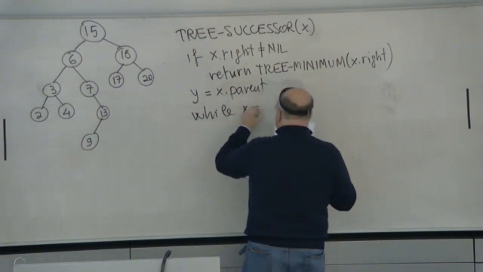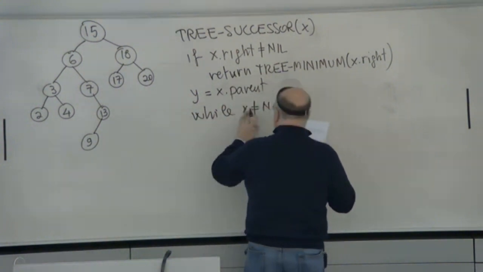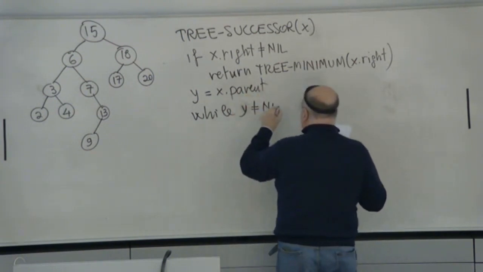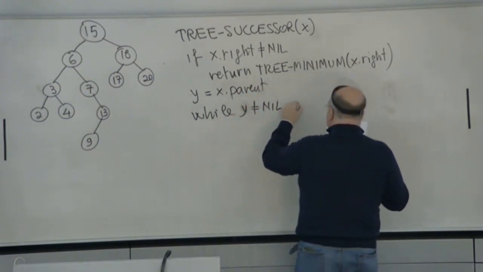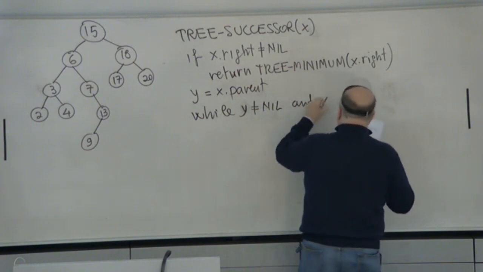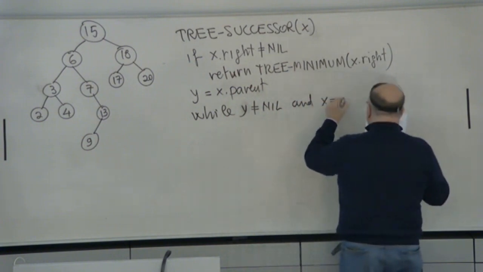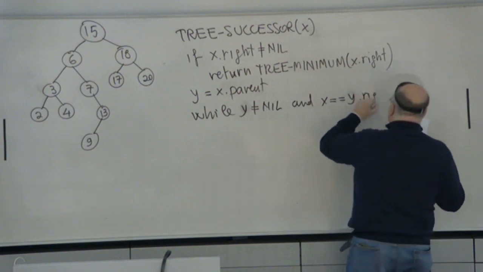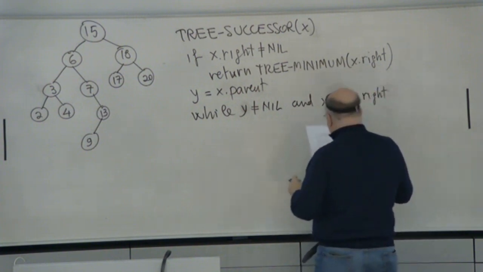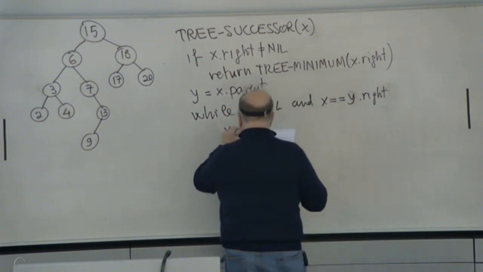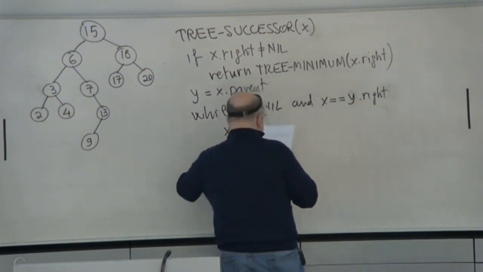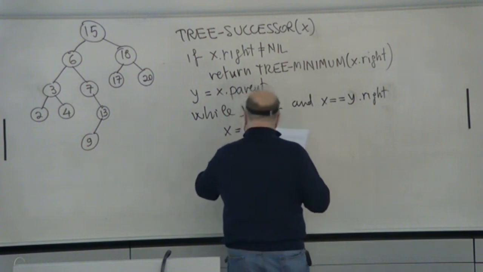While y is not nil, that is, we have not reached the root, and x equals y.right, then x equals y, and y equals y.p, the parent of y.